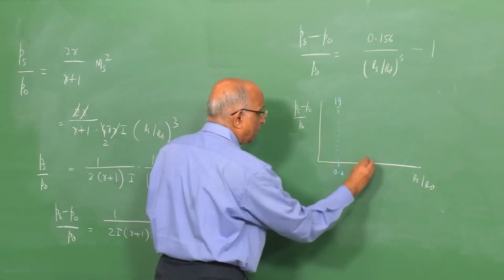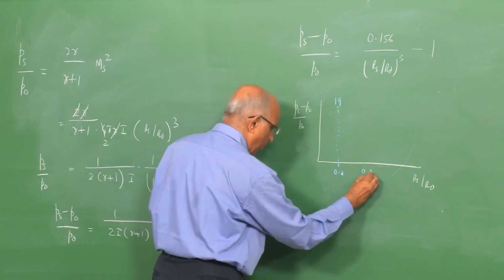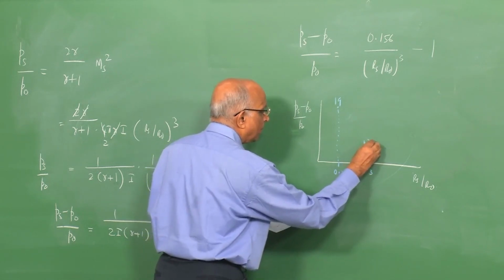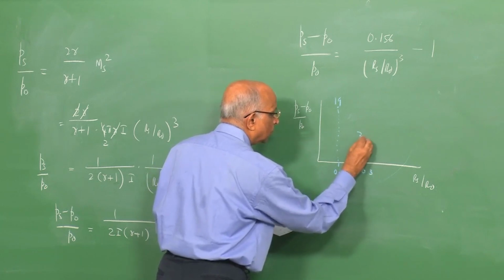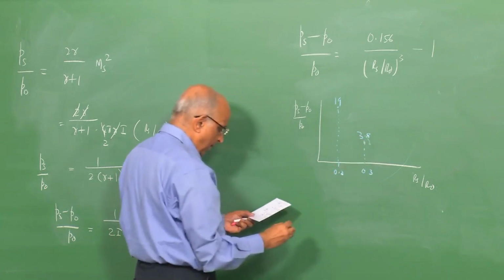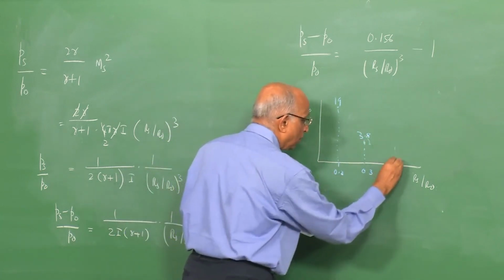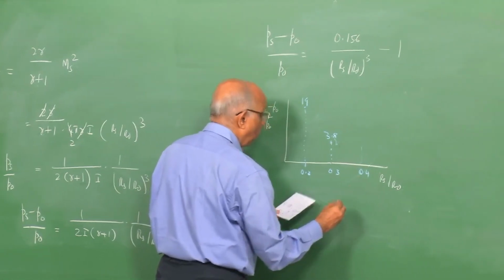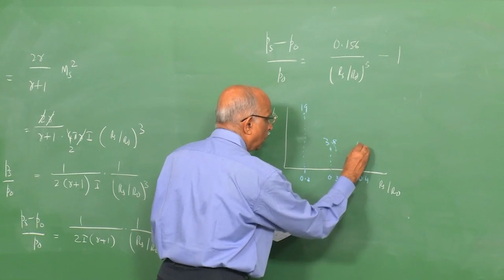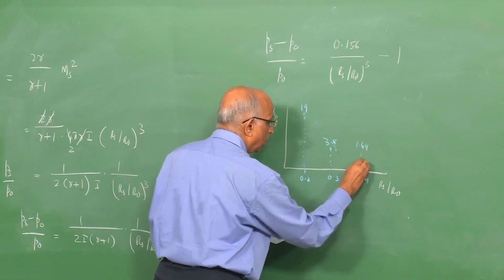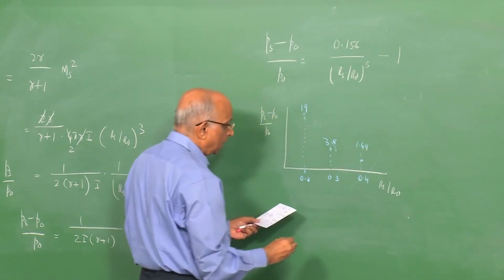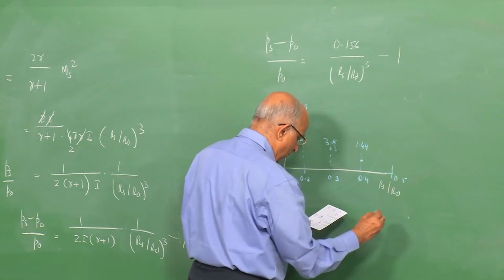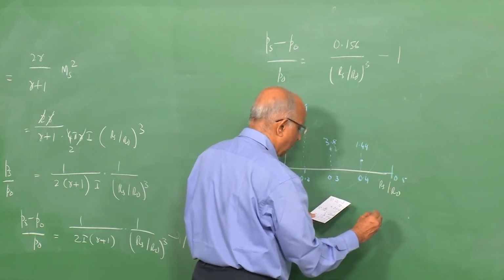At Rs by R naught equal to 0.3, the value comes out to be 3.8. At 0.4, the value comes out to be 1.44. And let us take one last value, 0.5, at which the value comes out to be something like 0.25.